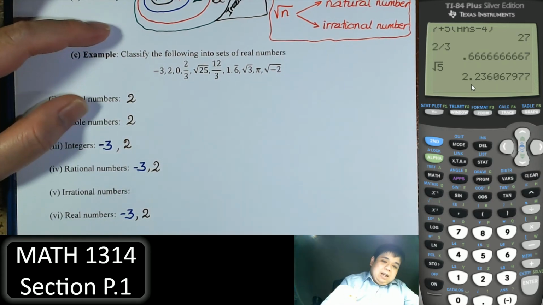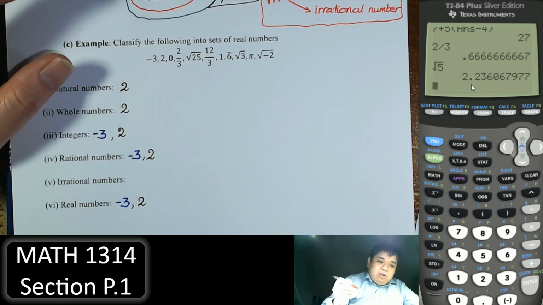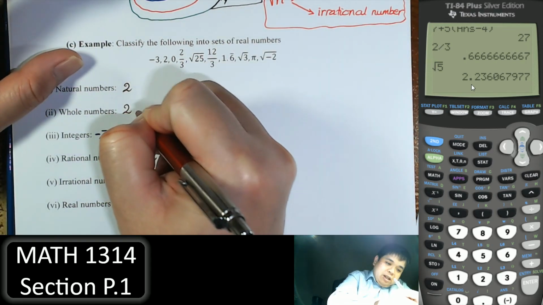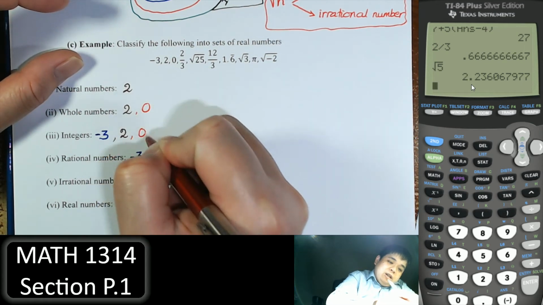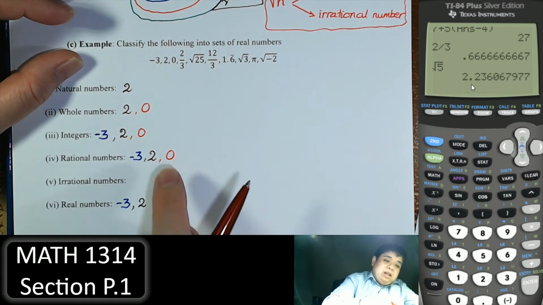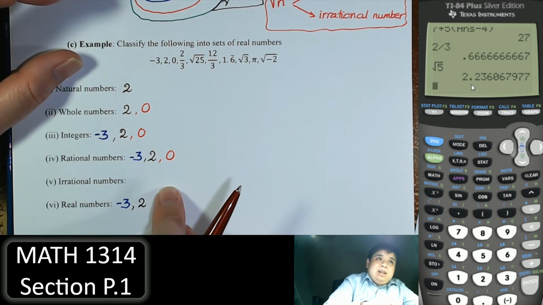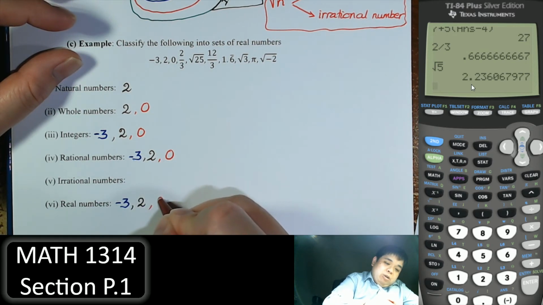Right. Next, 0. Counting numbers don't have 0, so we start from 0 as a whole number. Certainly an integer. 0/1 is also a rational number. If it's rational, it cannot be irrational, but anything rational is going to be real.